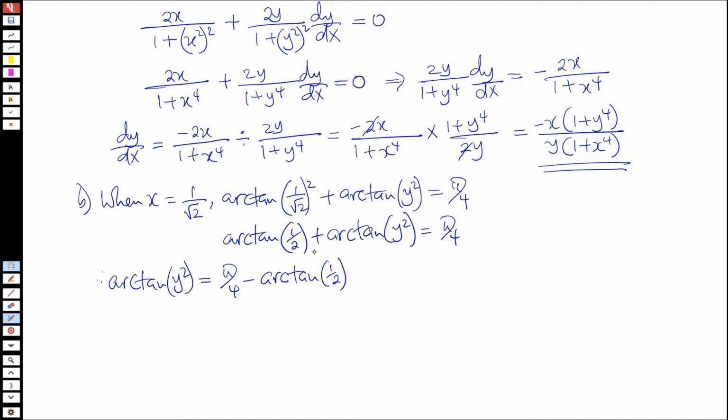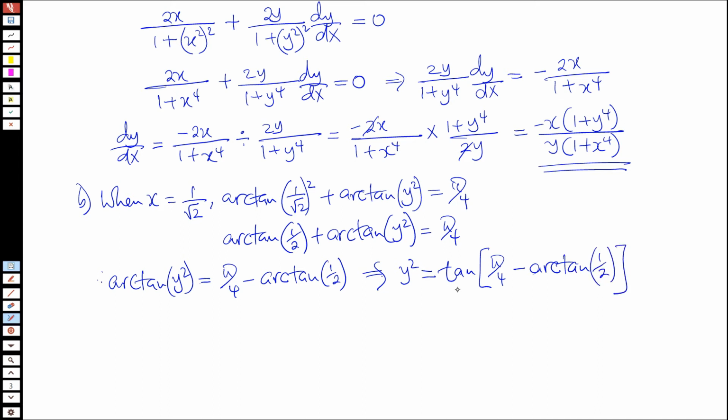If you take this to the other side, it follows that y squared will be equal to, now this is an arctan, so if arctan something is equal to something, that means that y squared here will be equal to the tan of pi over 4 minus arctan a half.